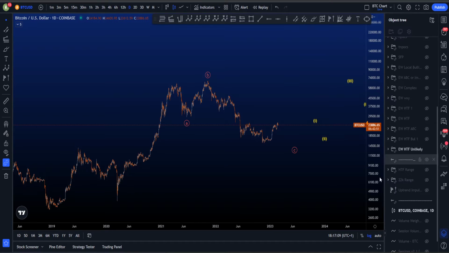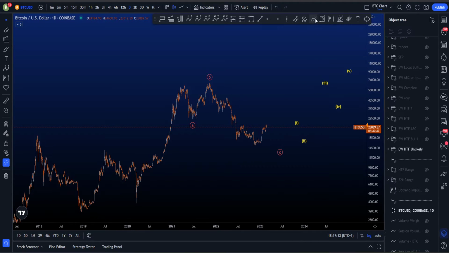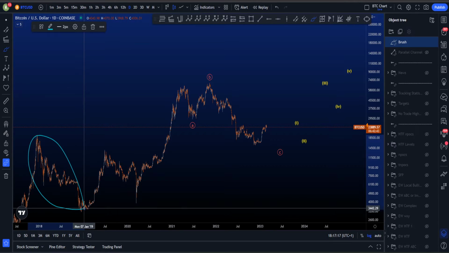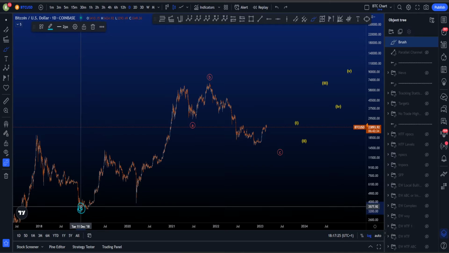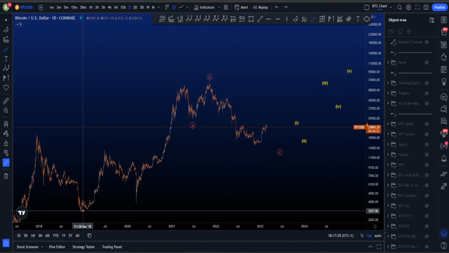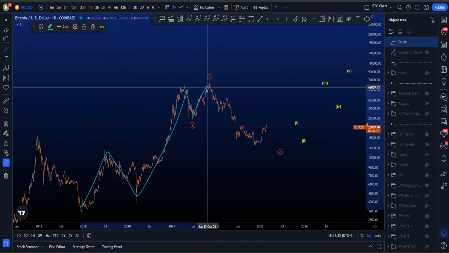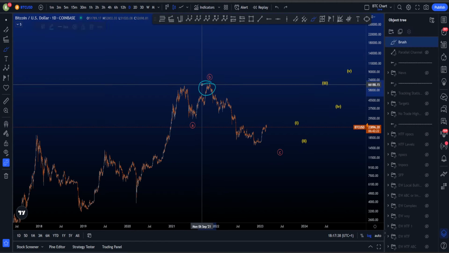So let's start with the, for me, unlikely scenario, and that is this one. Now, the end of the previous bear market in 2018-19 ended around December 2018, January 2019. And then in my opinion, this is a wave 1, 2, 3, 4, 5. However, with this count, we're basically saying no, this is not a wave 4 and this is not the wave 5.